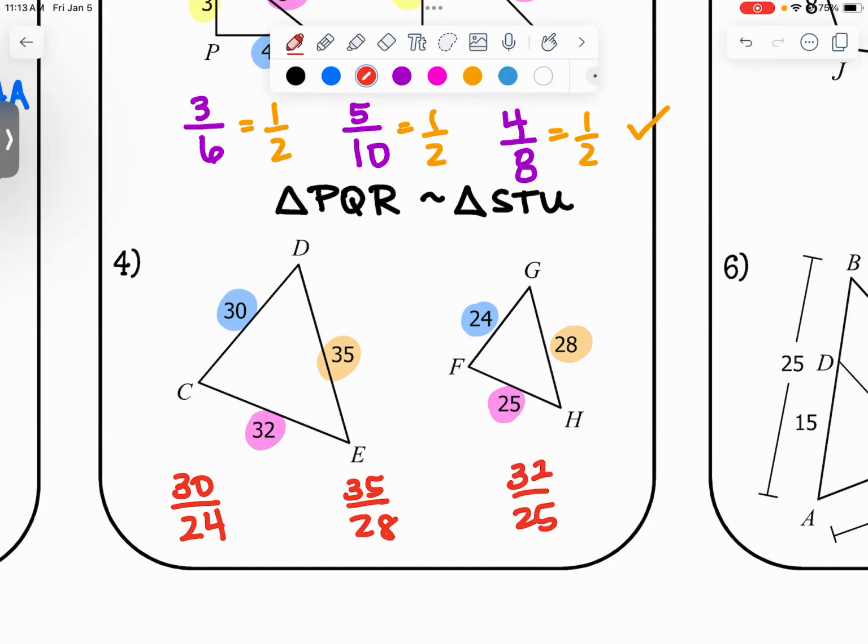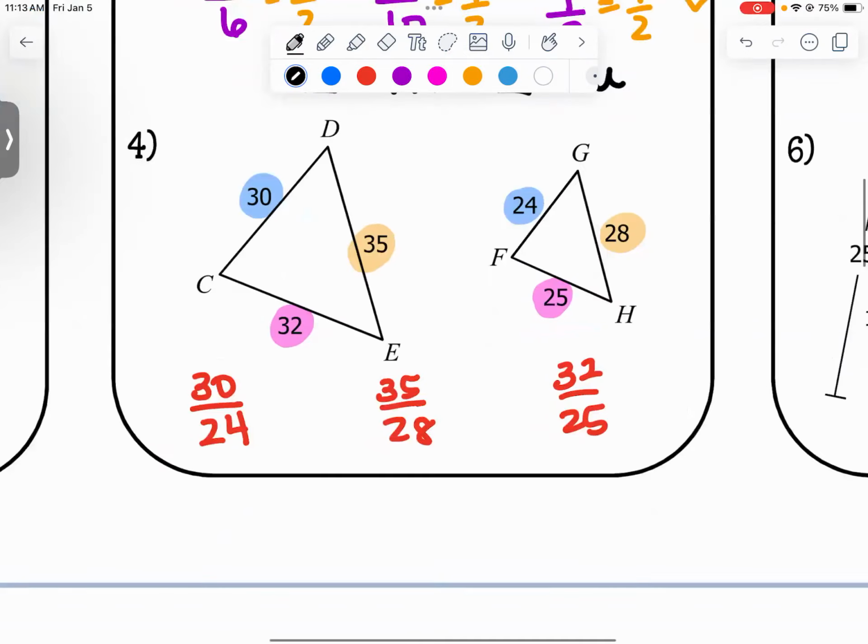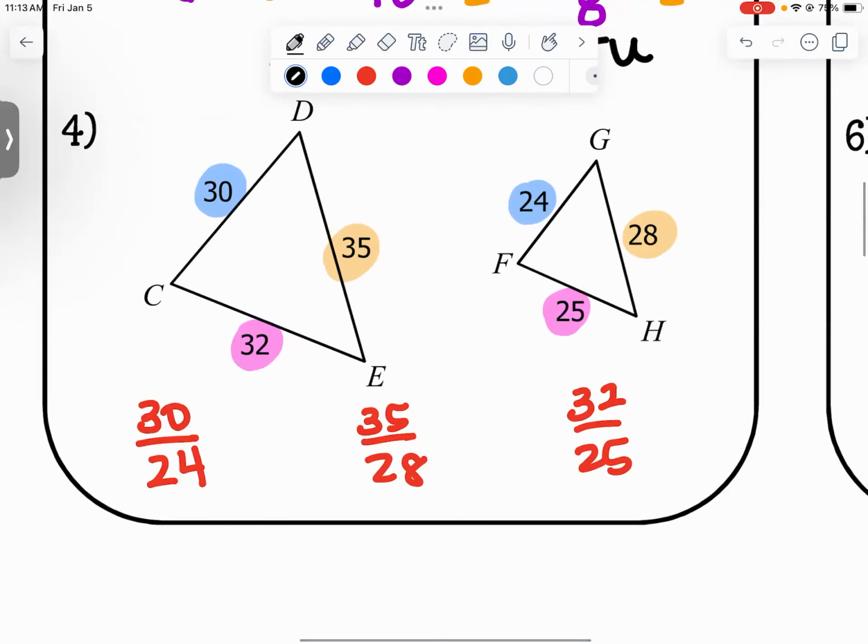We need to determine if these all are the same ratio. If we simplify 30/24, what number goes into both of those? 6? That would be 5/4. What number goes into both 35 and 28?